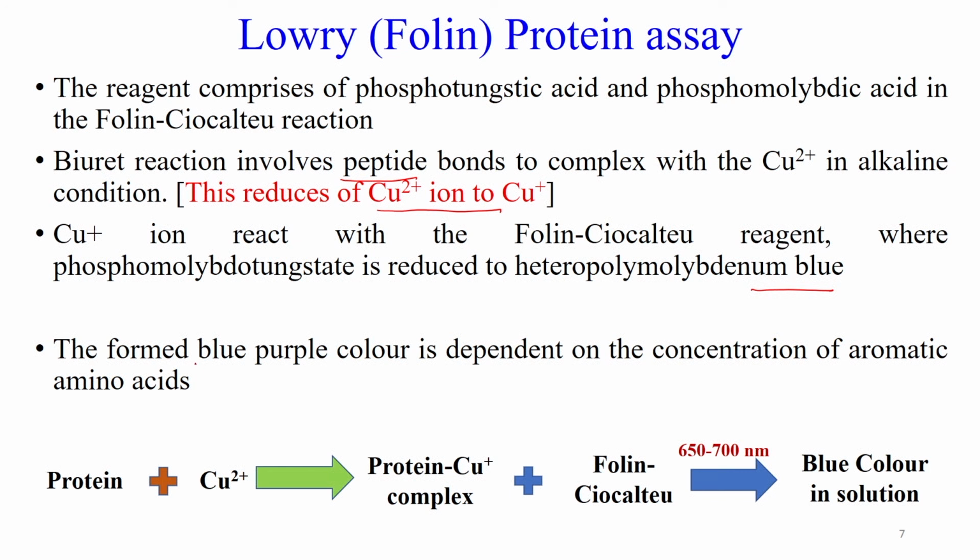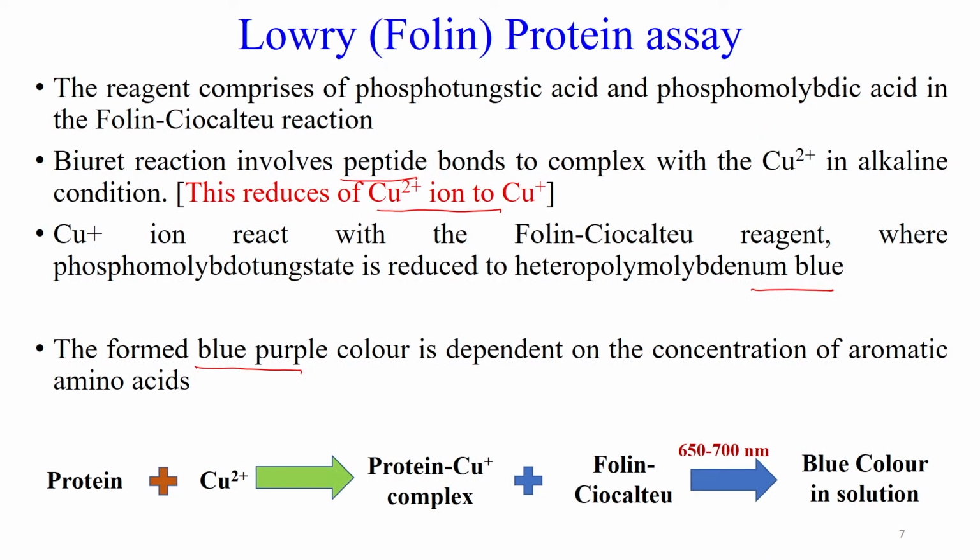The formation of this purple blue color is dependent on the concentration of reduced copper ion, and the concentration of reduced copper ion is dependent on the concentration of the protein. So, indirectly the protein is reducing copper 2 plus to copper plus, and the copper plus is binding to that Folin reagent and giving a blue purple color.